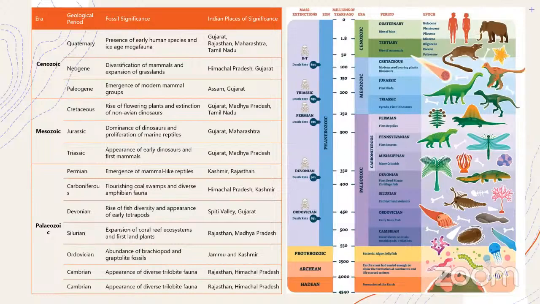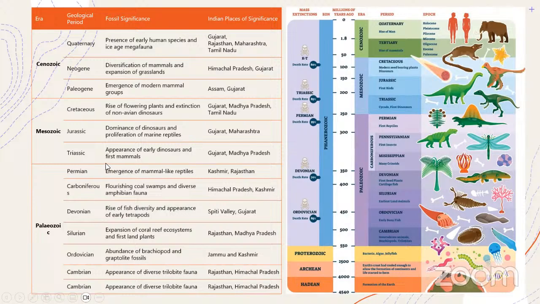Like that in the Carboniferous and Permian, flourishing coral swamps, diverse amphibian fauna, and emergence of mammal-like reptiles are present, and we can find these fossils in Kashmir, Rajasthan, and Himachal Pradesh.